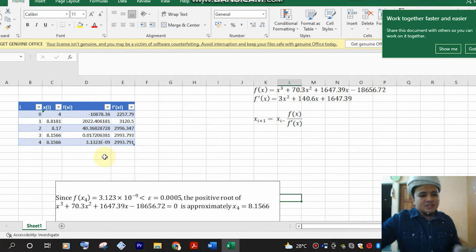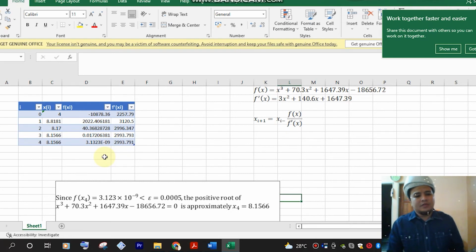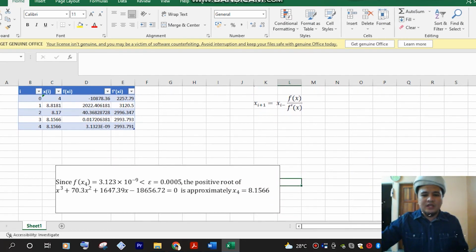Since f(x4) is less than 0.0005, the positive root of x power 3 plus 70.3 x power 2 plus 1647.39x minus 18,656.72 equal to 0 is approximately x4 equals 8.1566.